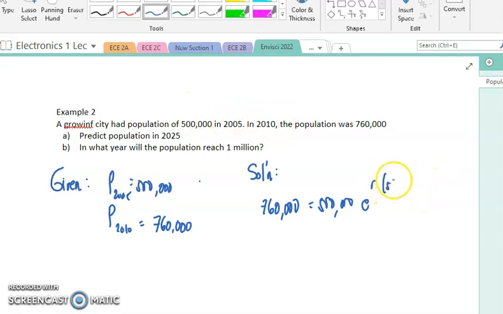The time is after 5 years. Alright, so 760,000 divided by 500,000 is 1.52. So here we have 1.52.